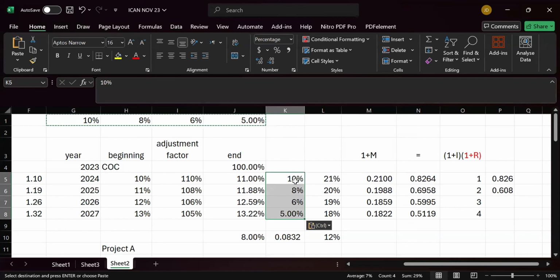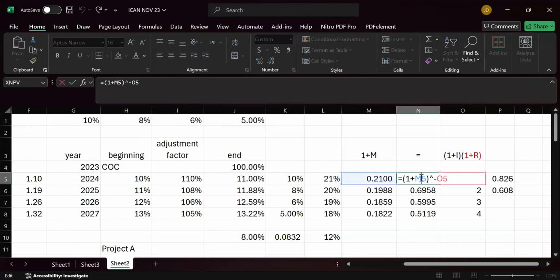If I add inflation to this in the first year, 2024, the nominal cost of capital will be 21%, 20% in 2025, 19% and 18%. So this now becomes your cost of capital.